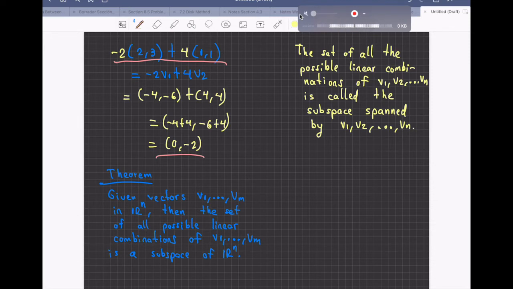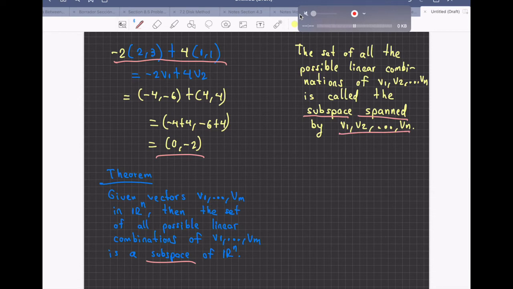I'm saying here that this subset, or this subspace, has a specific name. It's called the subspace spanned by B1, B2, and so on up to Bn.